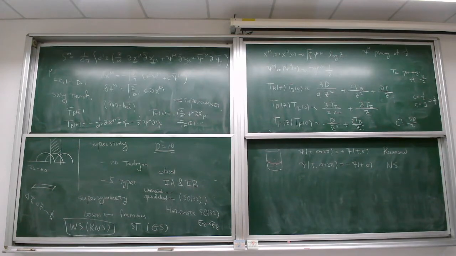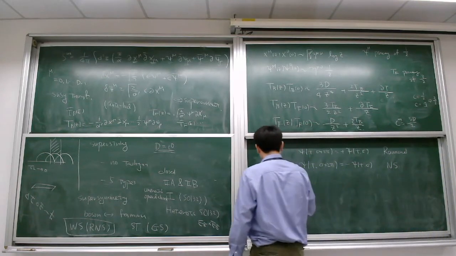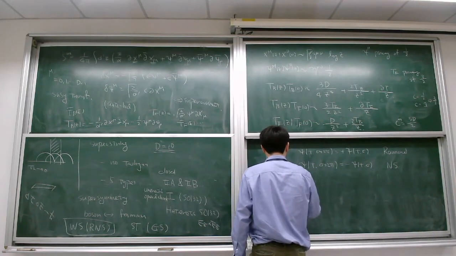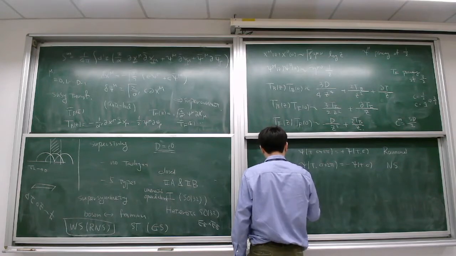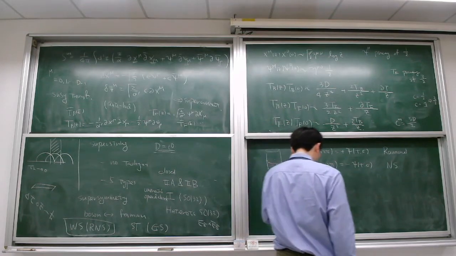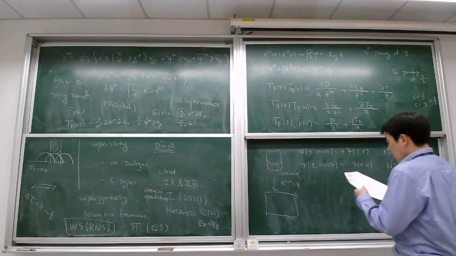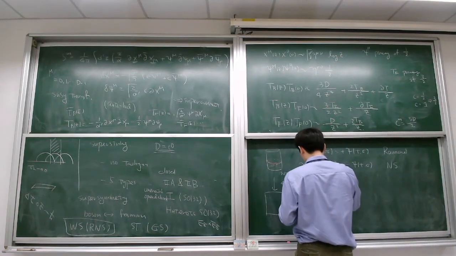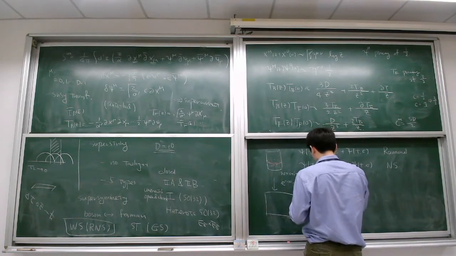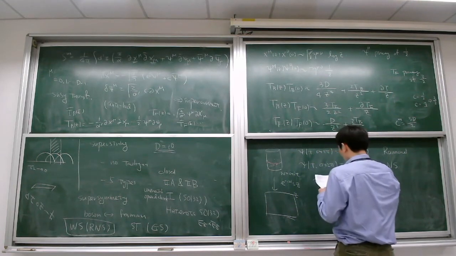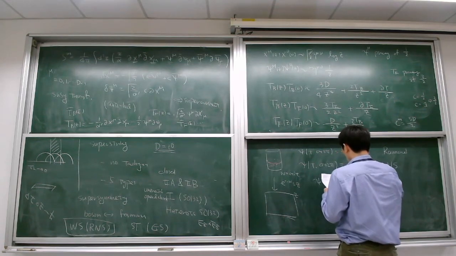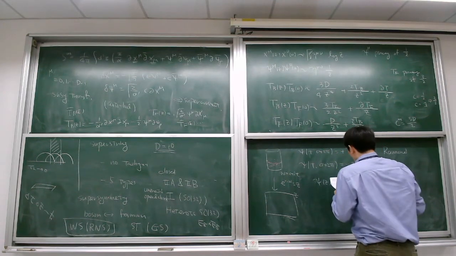So this is anti-periodic. Again, you can just have the transformation of the plane: w is equal to sigma plus i tau, and e to the minus i w is equal to z. You get the z plane. That's from the transformation. Since psi has a transformation rule, it is a primary of conformal weight 1/2.